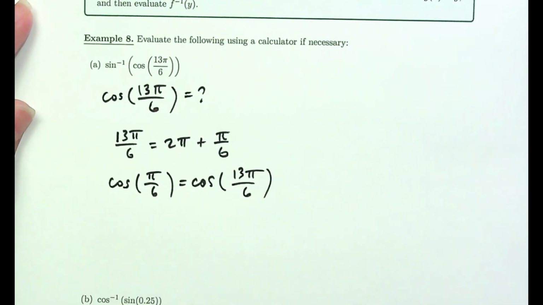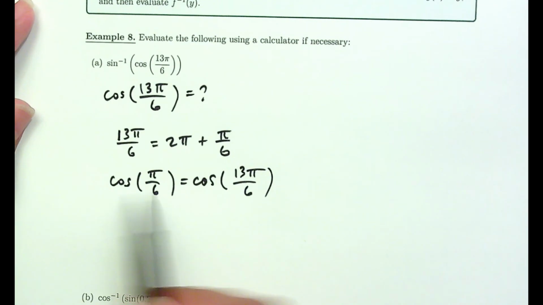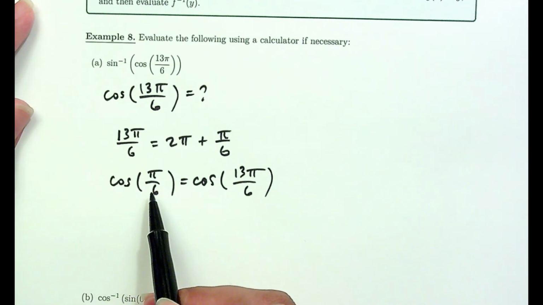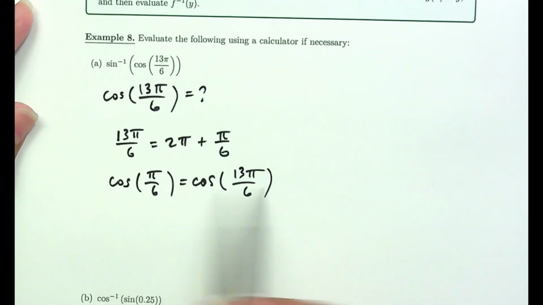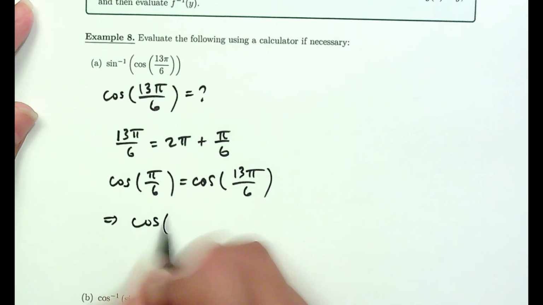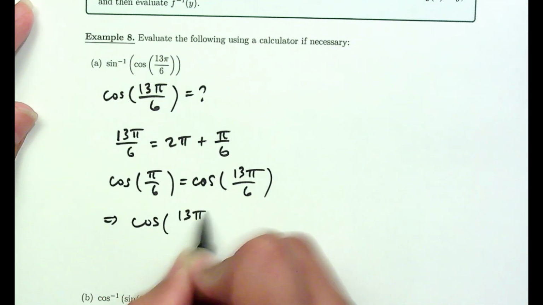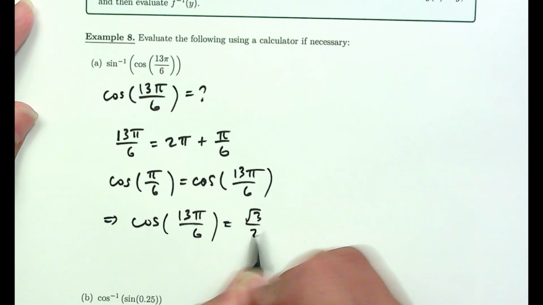So these two things are the same. Now, what is this though? You're supposed to know this one by memory. This one is square root of 3 over 2. So if this one is square root of 3 over 2, that means that this one is square root of 3 over 2. So we have then the cosine of 13 pi over 6 is square root of 3 over 2.